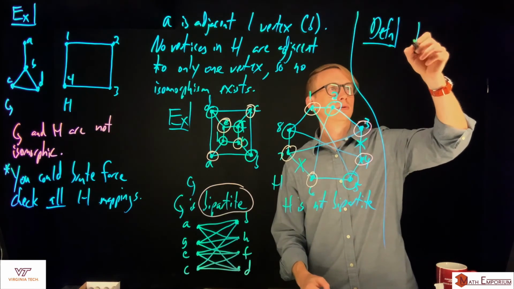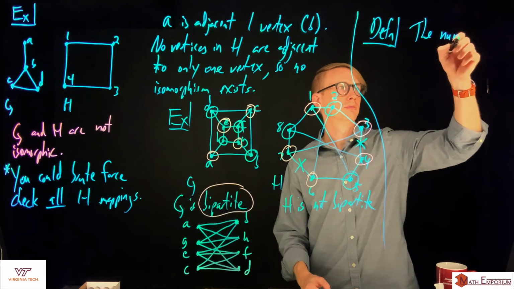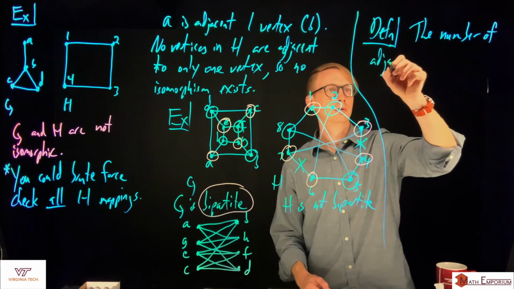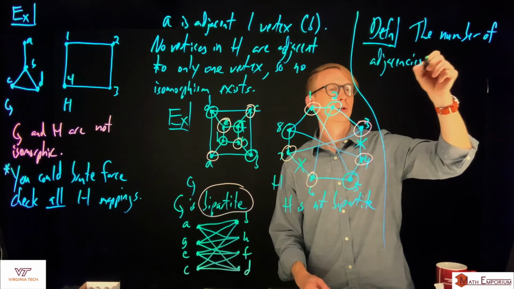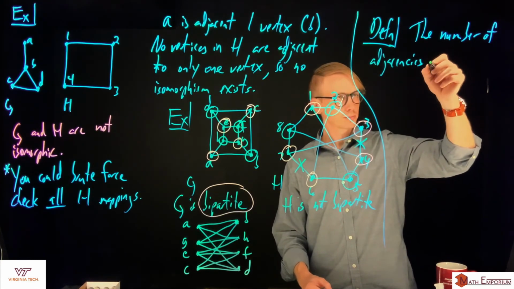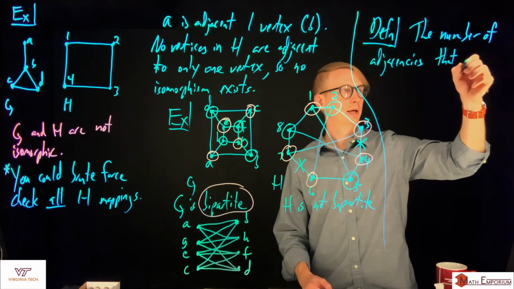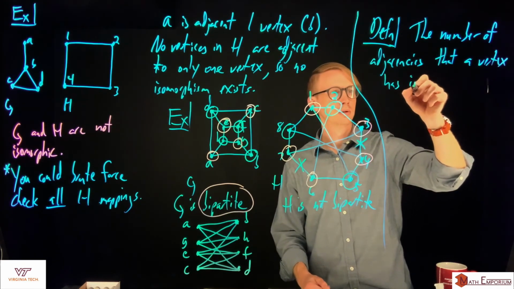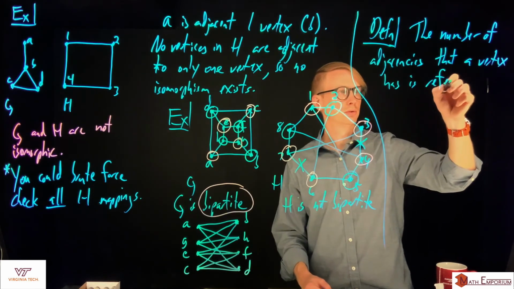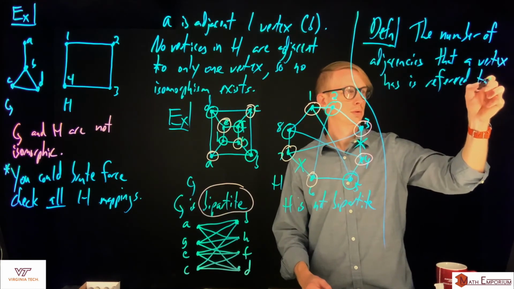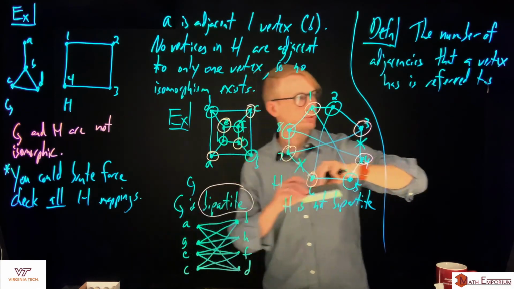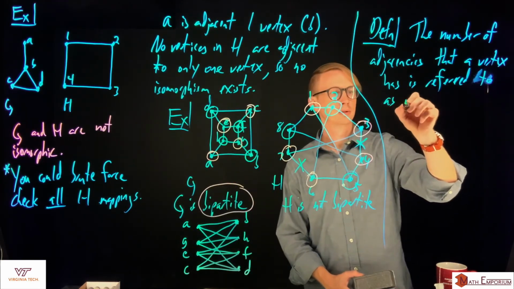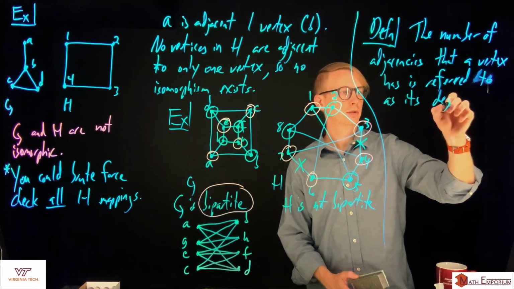All right, so the number of adjacencies that a vertex has is referred to as its degree.